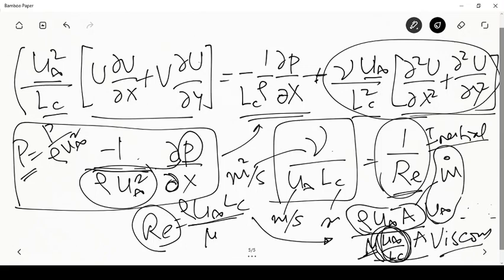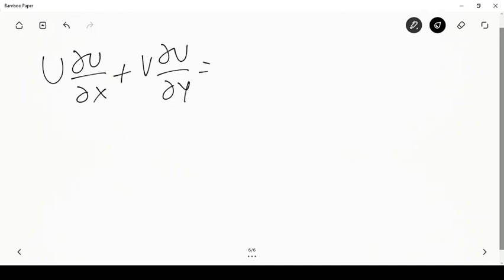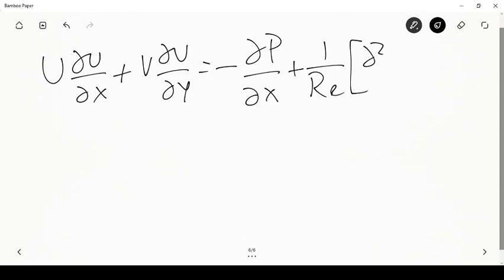If I put all of this into the equation and rewrite it, the equation becomes u del u by del x plus v del u by del y is equal to minus del p by del x plus 1 over Re times del squared u by del x squared plus del squared u by del y squared.